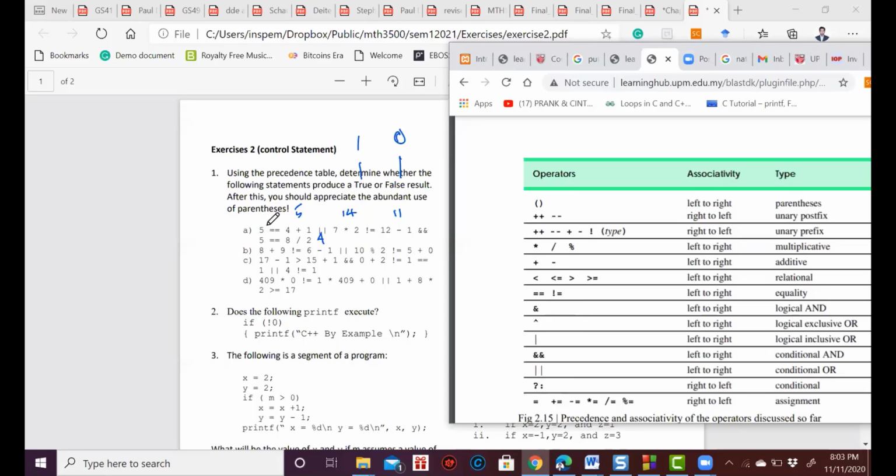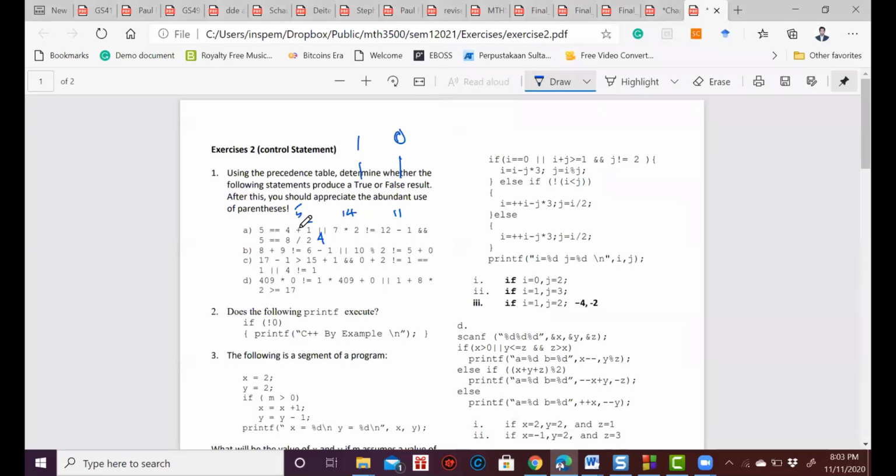And then, 5 equal to 5. True. So yes, true is 1. All this one is 1. Next, not equal: 14 not equal to 11.